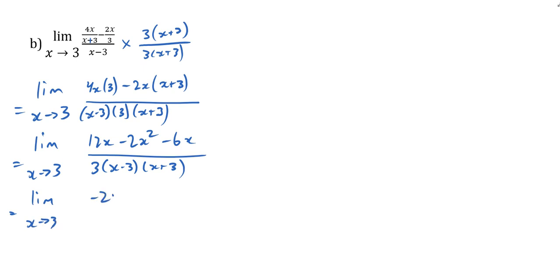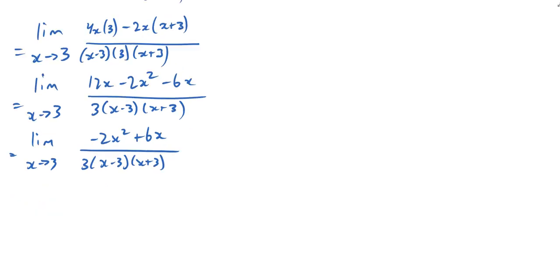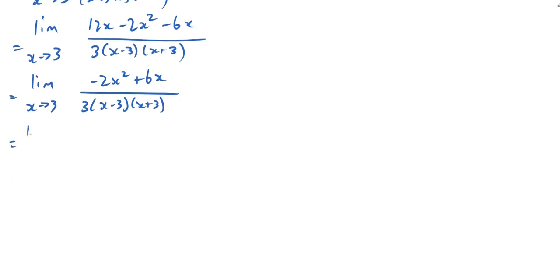So I get negative 2x squared plus 6x. And hopefully at this point we see where this is going. I factor out a negative 2x on the top, and I end up with x minus 3.